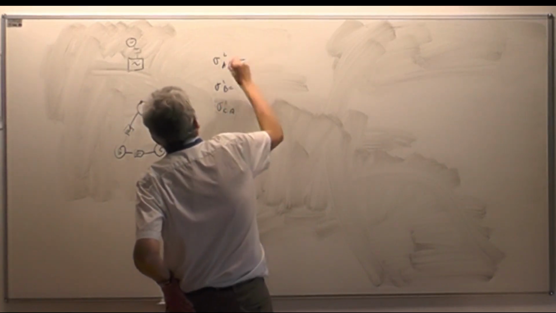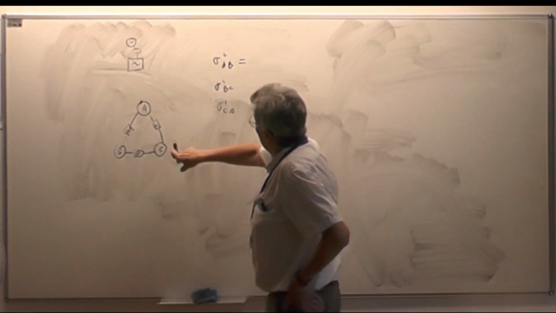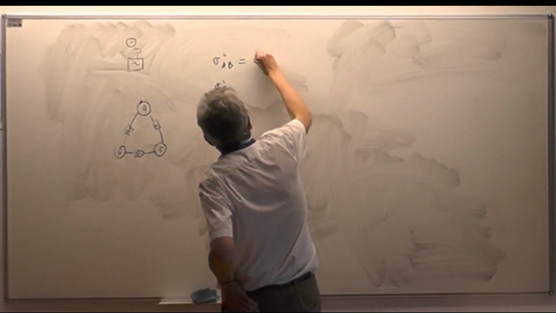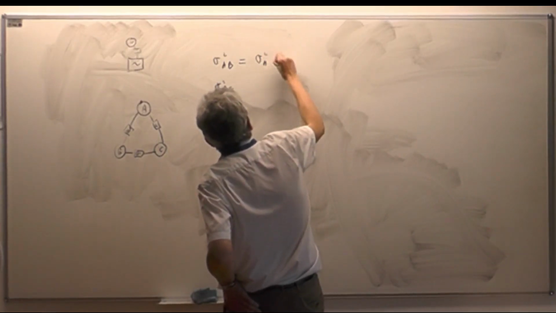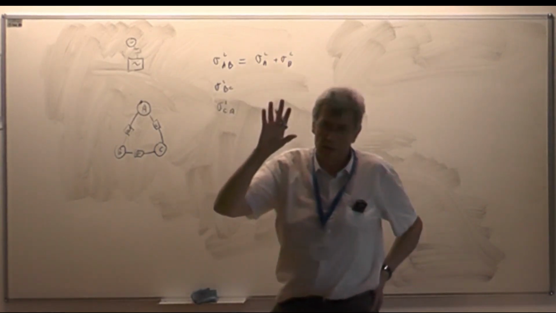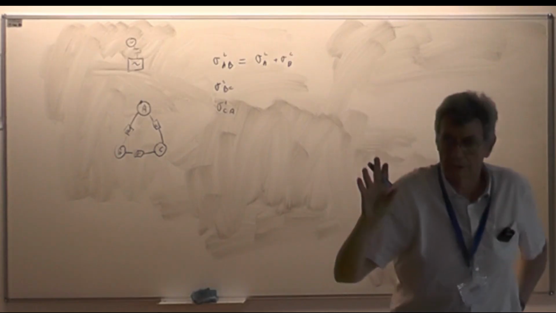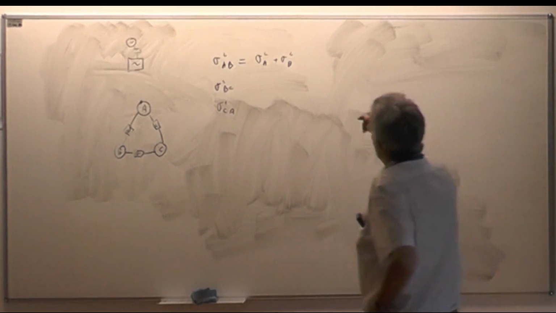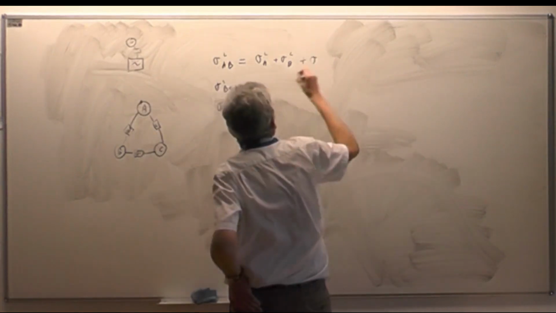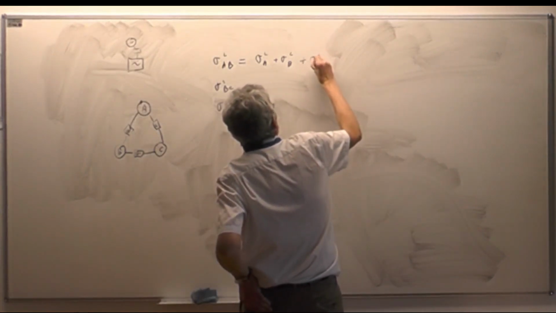And what we can know is the fact that, for instance, sigma square AB is sigma square A plus sigma square B. And we consider that we have no correlation. It's very important. If you have correlation, it doesn't work. But plus the noise of the instrument I call BC, sigma square BC.